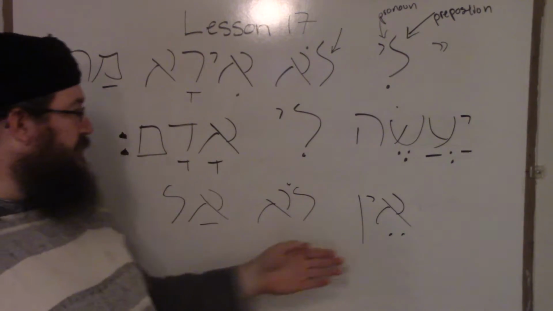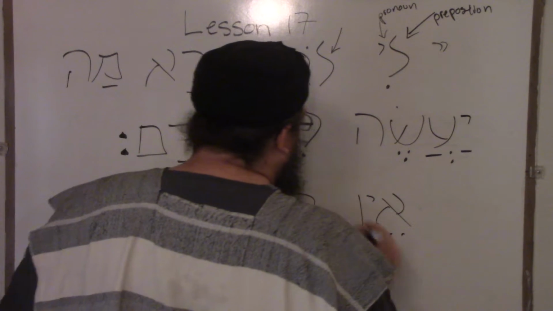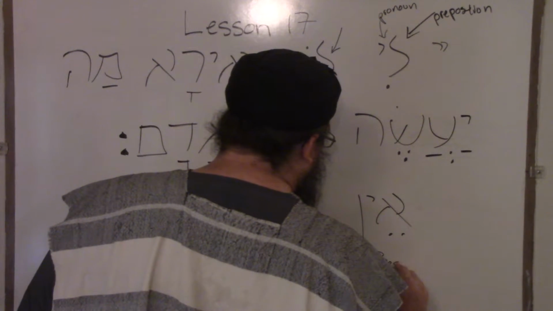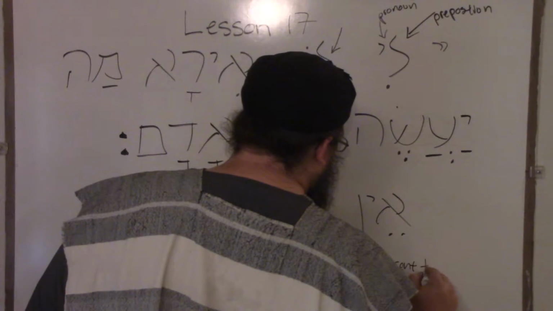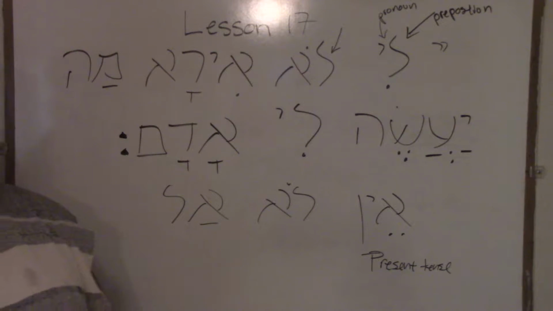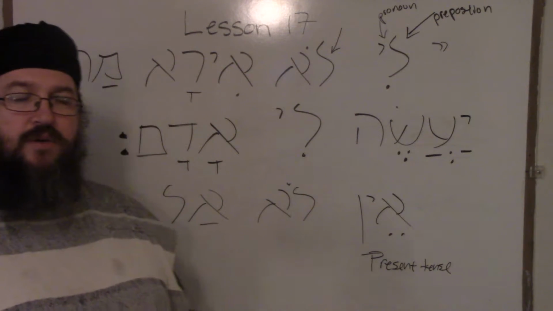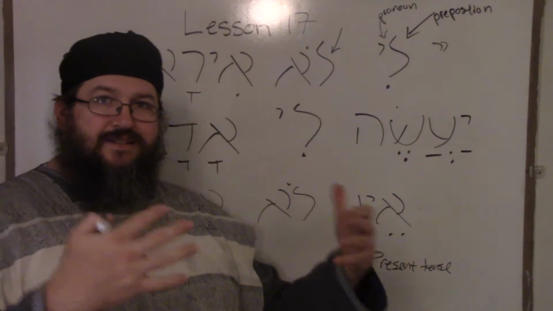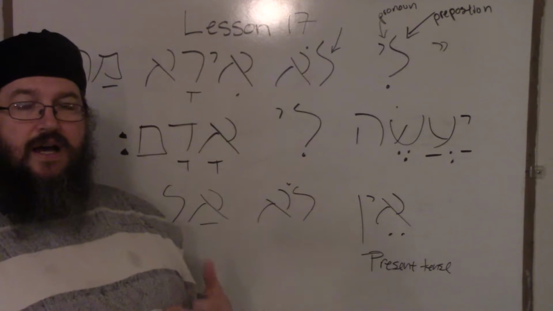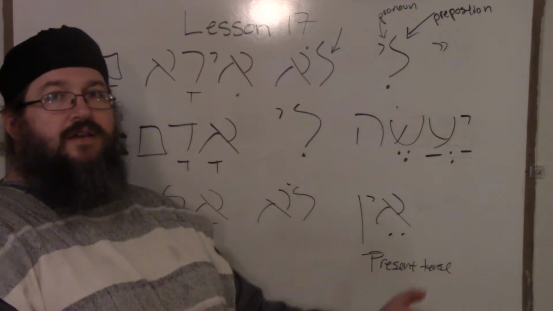For example, ein. Ein is only used with the present tense. So when we're speaking in the present tense, you would use ein. For example, if I said shome'ah, which literally means is hearing, and then I wanted to say I am not, I would say eineni shome'ah, I am not hearing.